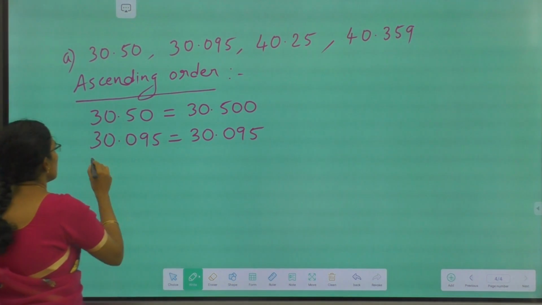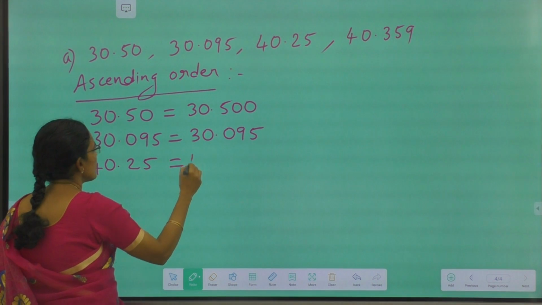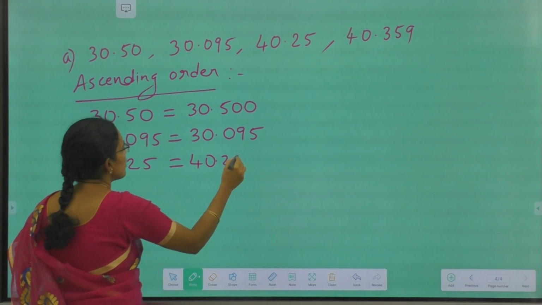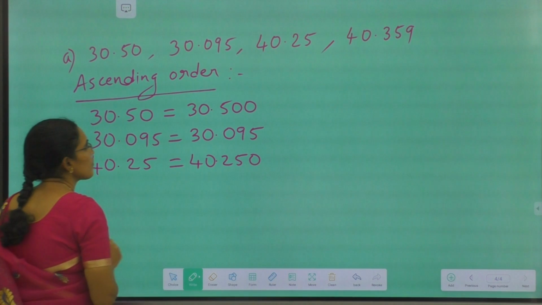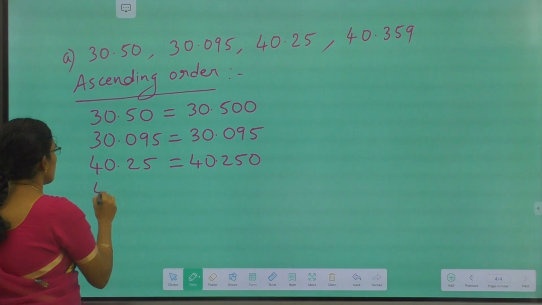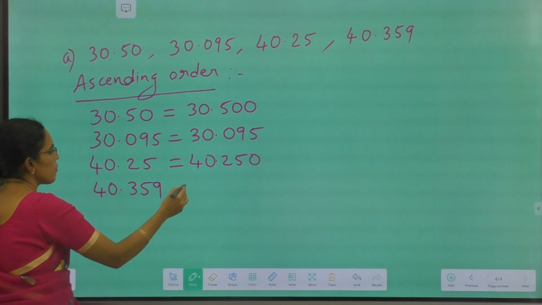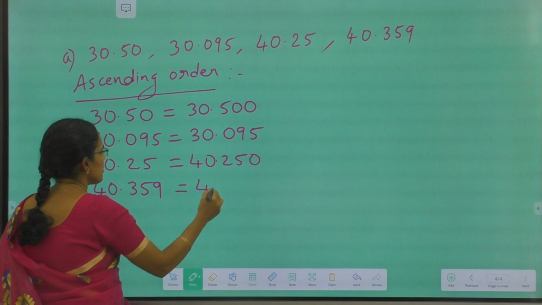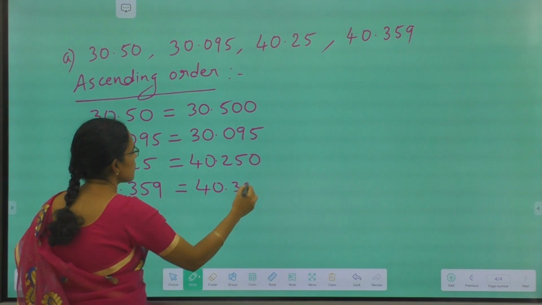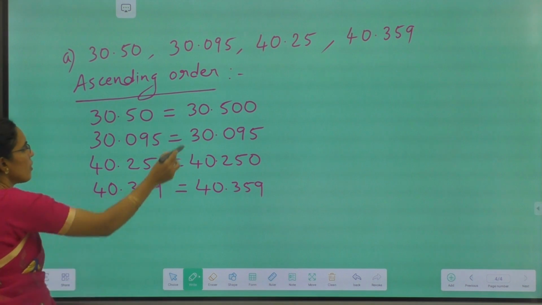Then 40.25, I am writing as 40.250. Then 40.359, already 3 decimal places are there, therefore it is 40.359.